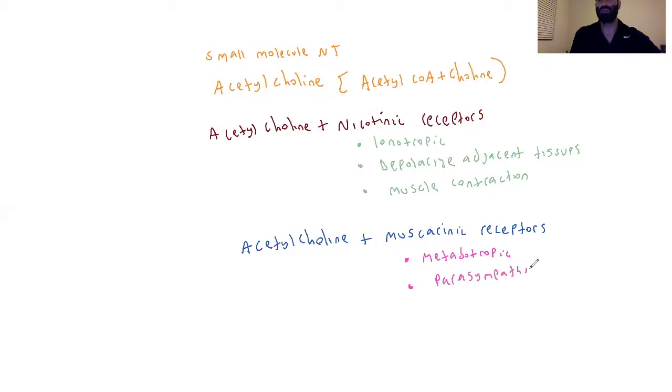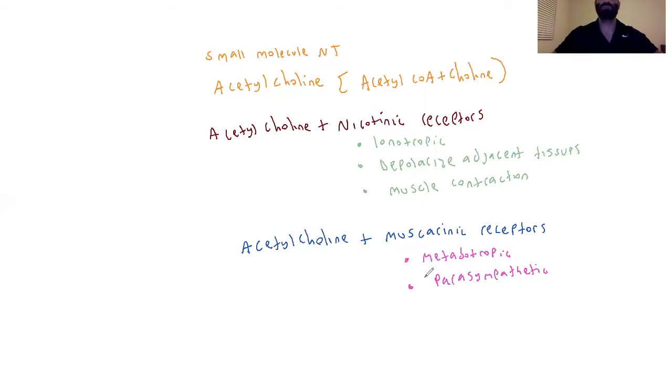For example, the neuromodulator norepinephrine is going to bind to cardiac tissue and is going to increase heart rate. However, if acetylcholine binds with muscarinic receptors on the heart, it's going to decrease heart rate.